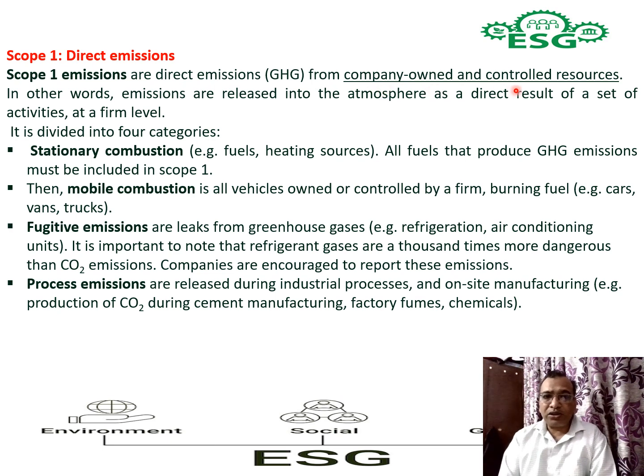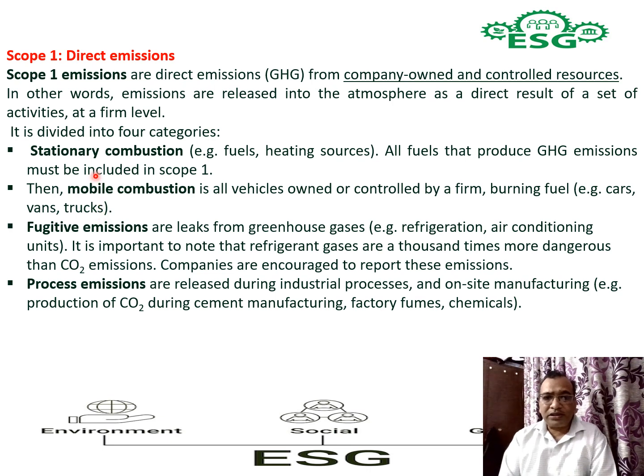In other words, the emissions are released into the atmosphere as a direct result of a set of activities at a firm level. These direct emissions are divided into the below 4 categories.